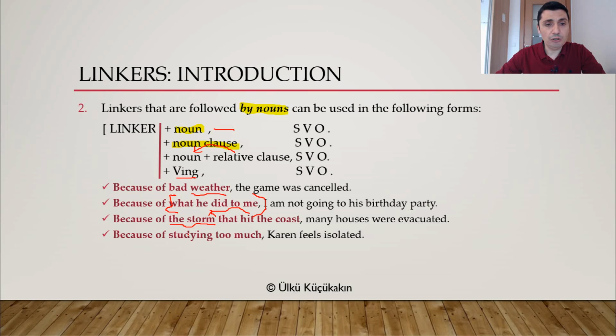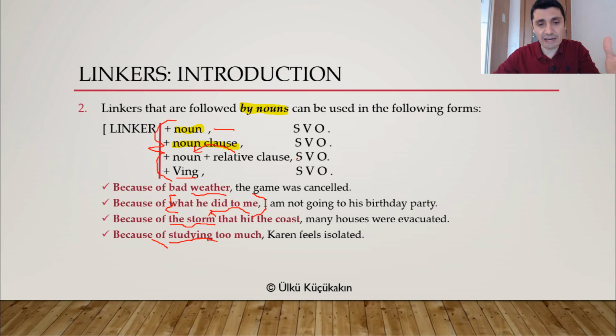And finally, because of studying too much, Karen feels isolated from his friends. Okay, so here you simply have verb ing, and it doesn't affect anything. After because of, you always have a noun. So people, when I say this linker requires a noun, I am saying all 4 of these types are possible.